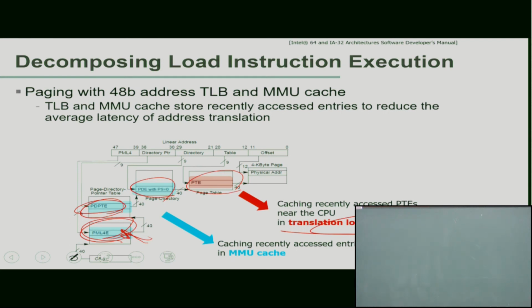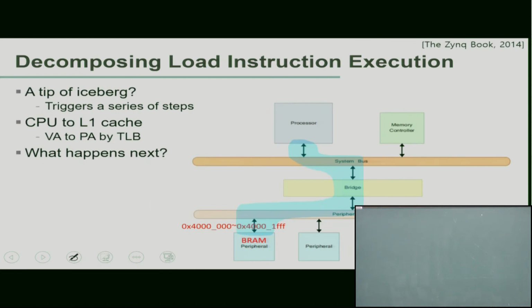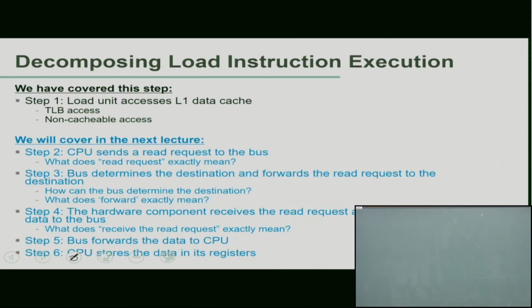So to summarize, once you start executing a load instruction, it triggers a series of steps. The first step is that it translates a virtual to physical address, done by the TLB if it hits in the TLB. And after this translation is done, you can go through the remaining steps. In the case of VRAM, it's non-cacheable, so we don't check the cache.